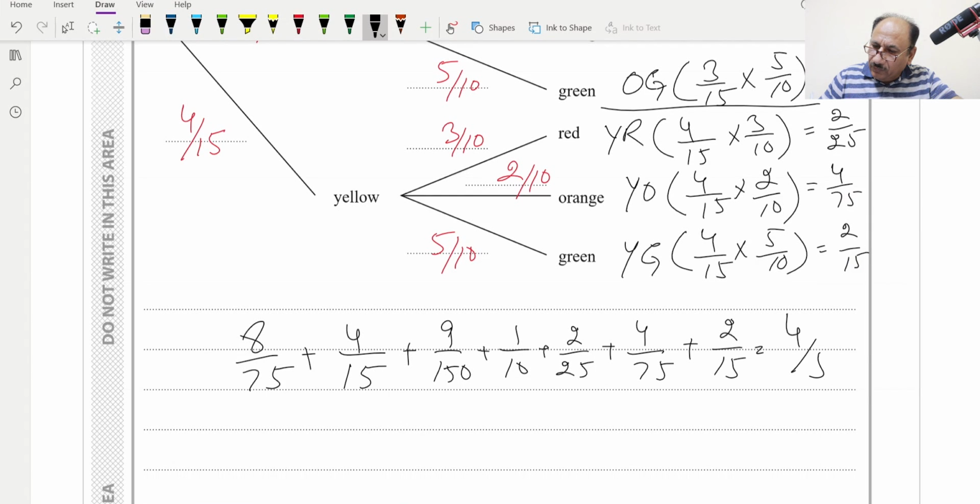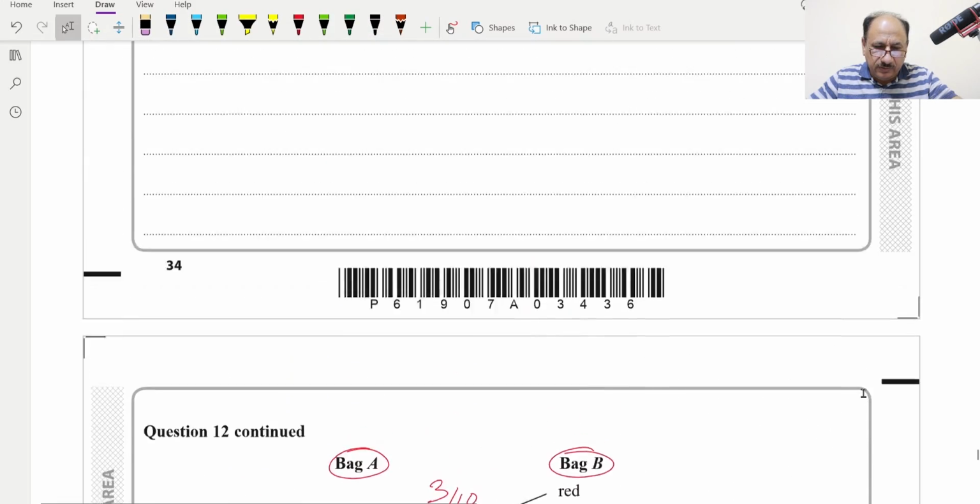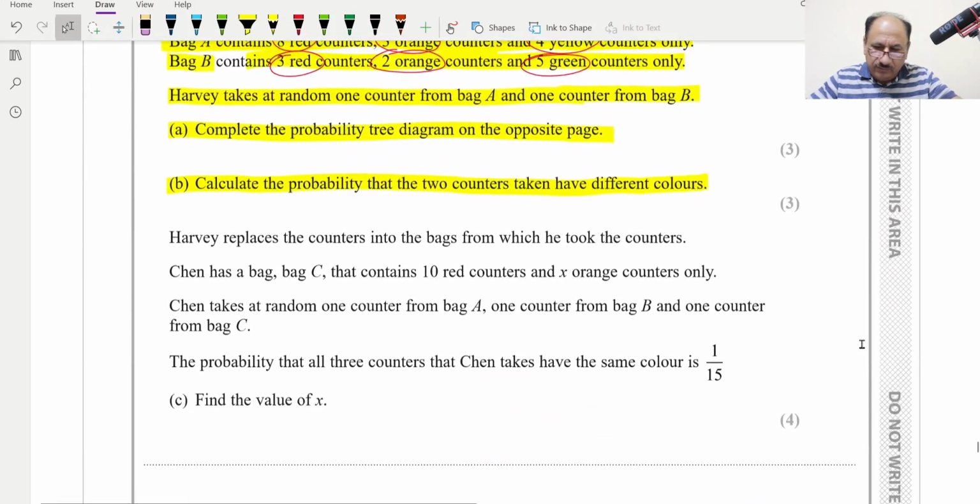So 4 over 5 will be the probability for different colors, which we have done. Basically we are done with the B part.